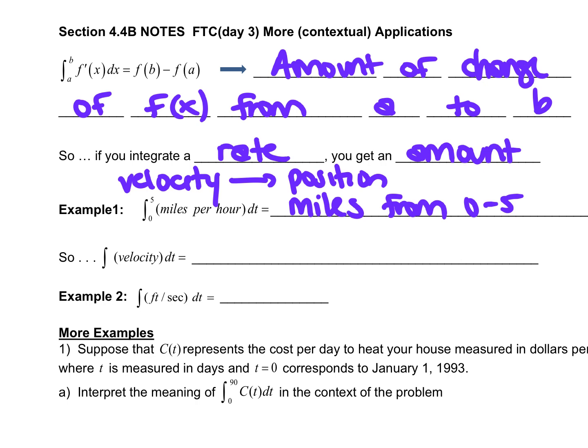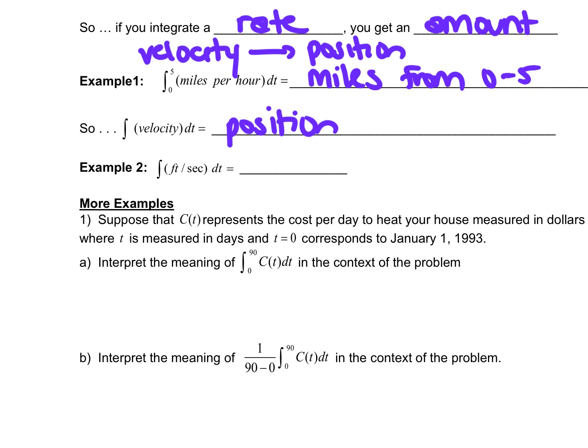Position. Another way of saying that: if you had something given to you in feet per second, that would integrate to give you feet, the amount of feet. So anytime you integrate a rate, it is going to give you an amount.